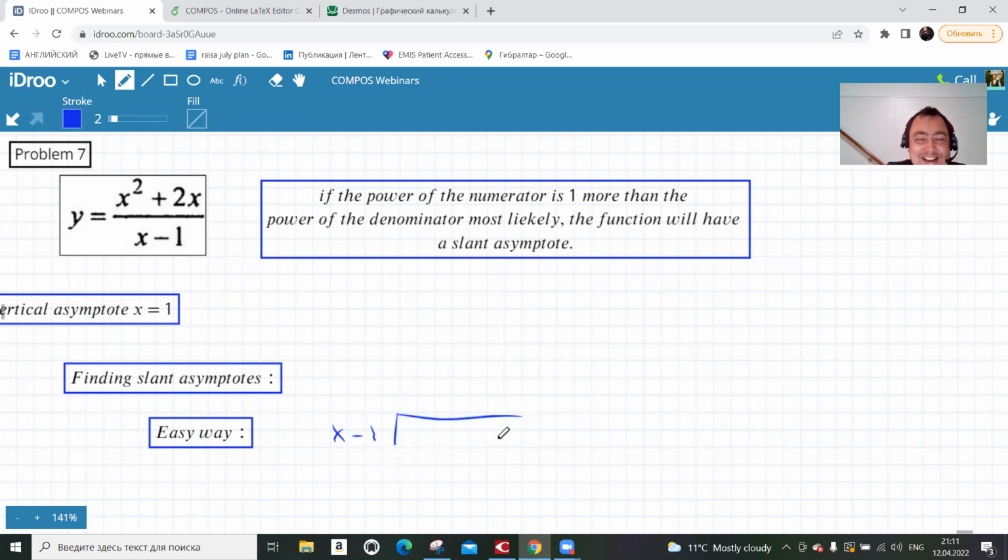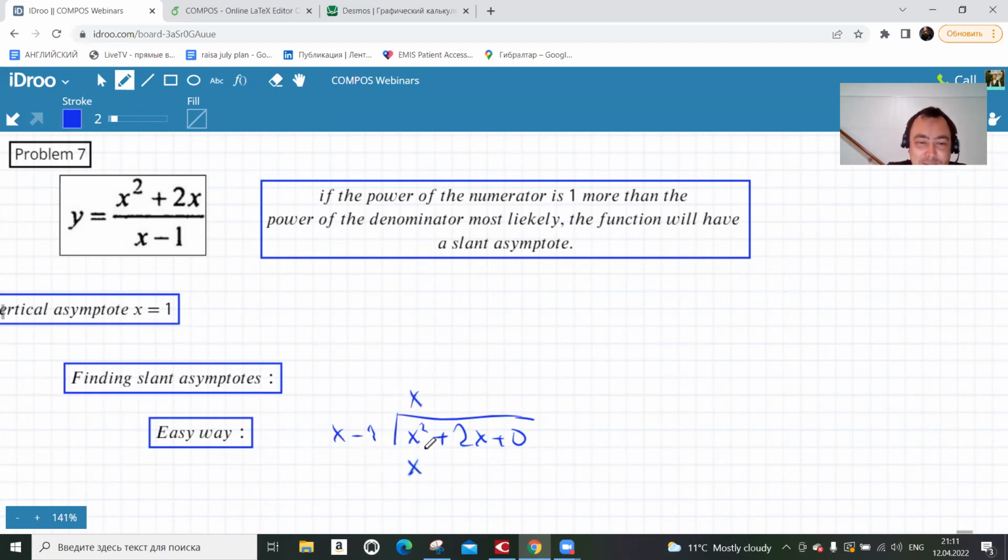What am I doing? I'm doing a different way of dividing, and I mixed the two ways. So x goes into x squared, x times.